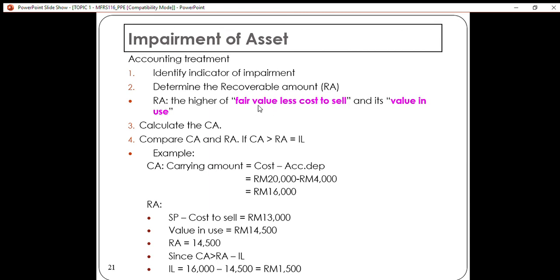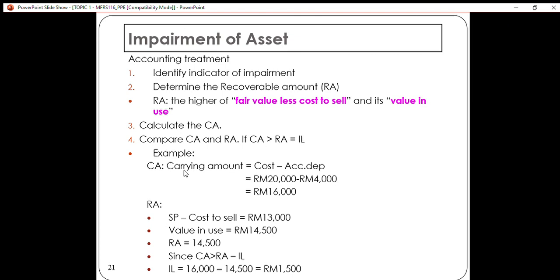So we have to choose the higher between the fair value less cost to sell, or the value in use. The third step is to calculate the carrying amount of the asset. The fourth step is to compare the carrying amount of the asset and the recoverable amount. If the carrying amount exceeds the recoverable amount, there will be an impairment loss.